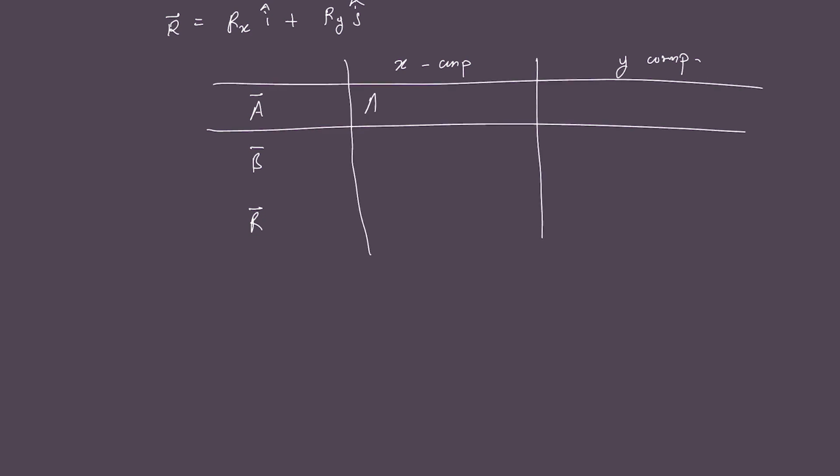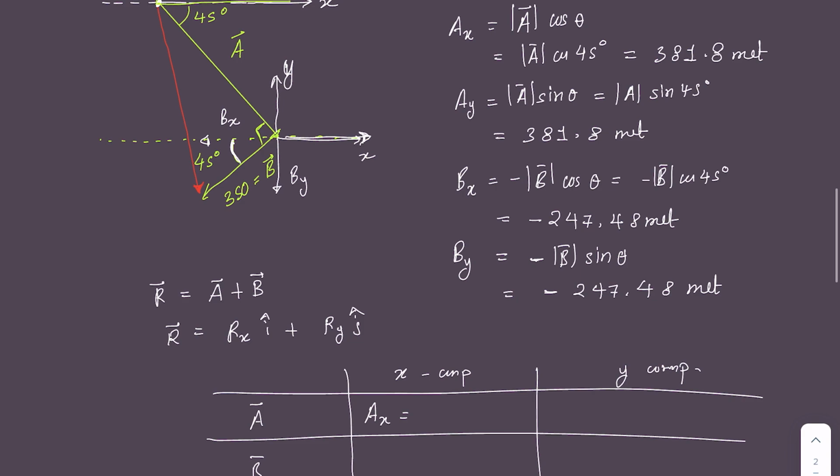So vector a's x component is, I'm just looking down the value from here, 381.8.